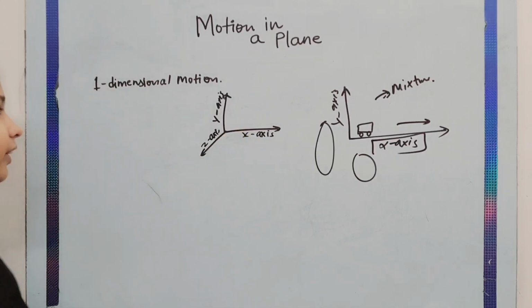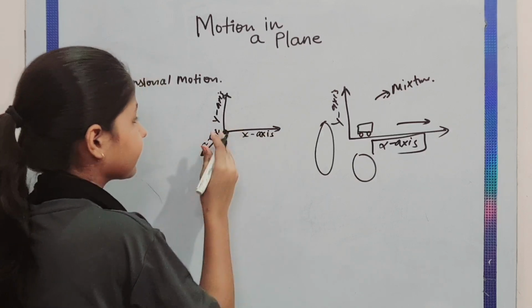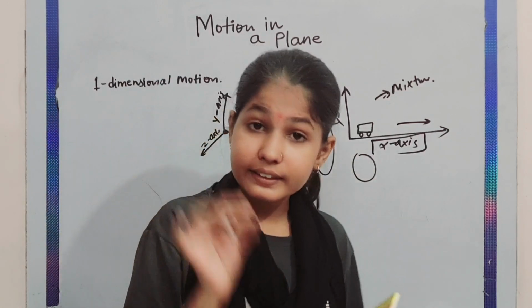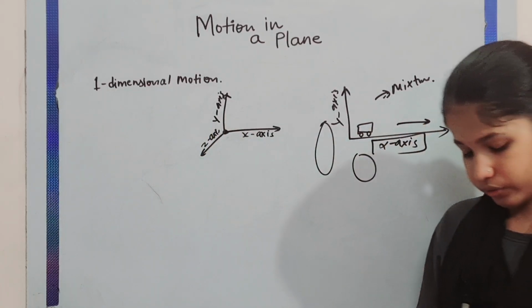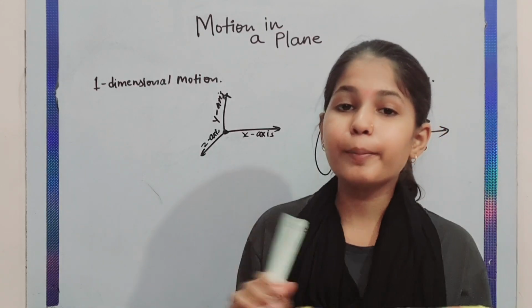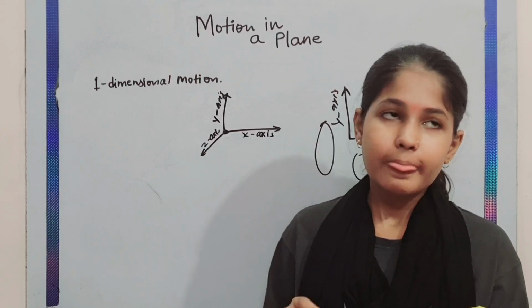I'm writing in a very rough way, but I hope you can follow. This is the origin, this is the x-axis, this is the y-axis, and this is the z-axis. One more thing: the z-axis can be present inwards or outwards of the other axes, that is x and y. So let me make you understand what 3D is now.